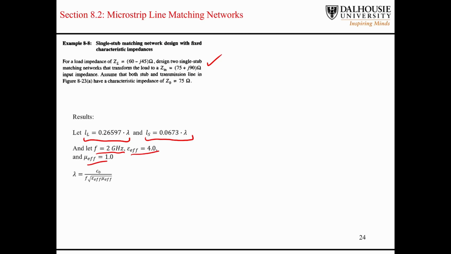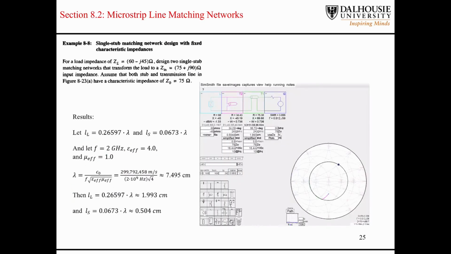So with these parameters, the wavelength is going to end up being 7.5 centimeters. So if we plug in that wavelength into our two expressions for the series and stub transmission lines, we end up with transmission line lengths of 1.9 centimeters and half a centimeter.